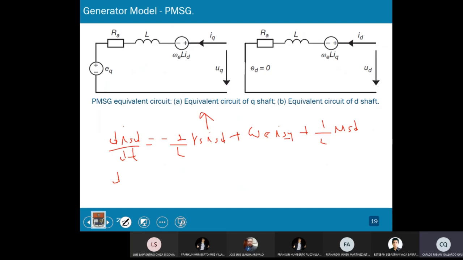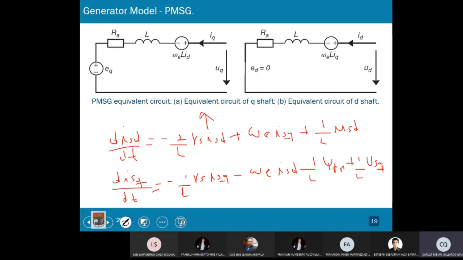What about the quadrature component? So once again, I will have here the derivative of the stator current on the Q axis is equal to negative 1 over the inductance, times the stator resistance times the stator current on the Q axis, minus the generator speed times the stator current on the D axis, minus 1 over L times the permanent magnet flux, plus 1 over L times the stator voltage on the Q axis.